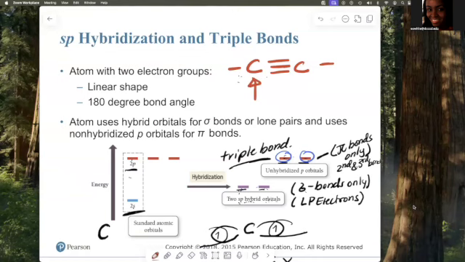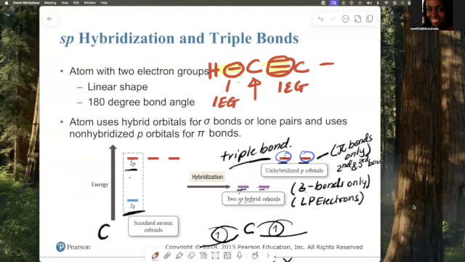If you look at the number of electron groups here, we essentially have one electron group, a second electron group here. The one on the left could be bonded to a hydrogen. The one on the right is bonded to a carbon, right? Remember, the bonds grouped together count as an electron group. So this would be one electron group. The single bond by itself on the left side will be the other electron group. So together we have two electron groups.